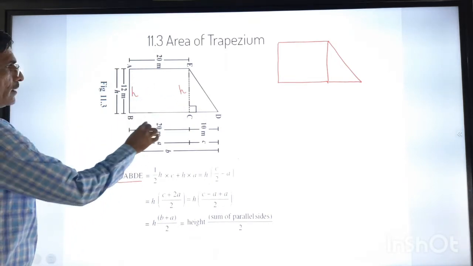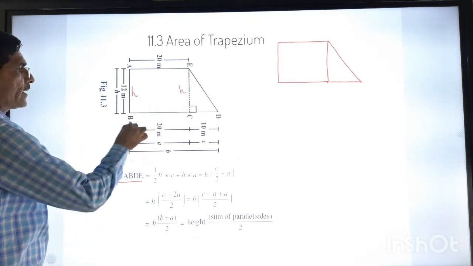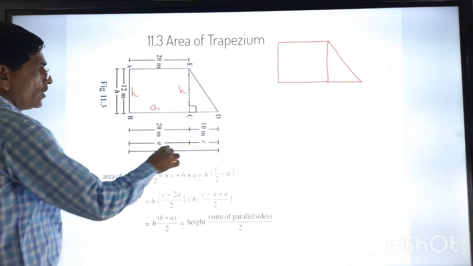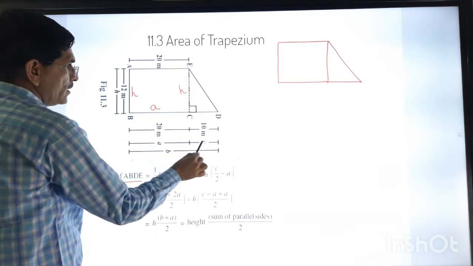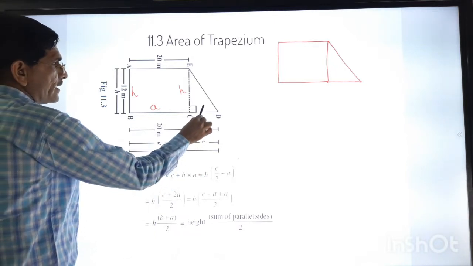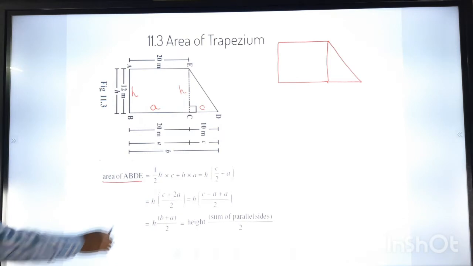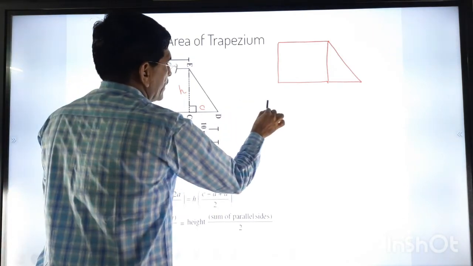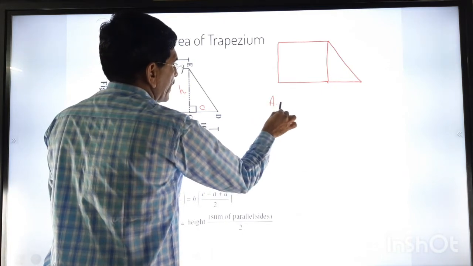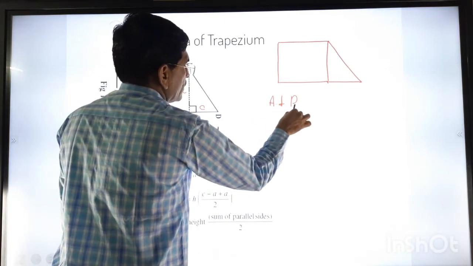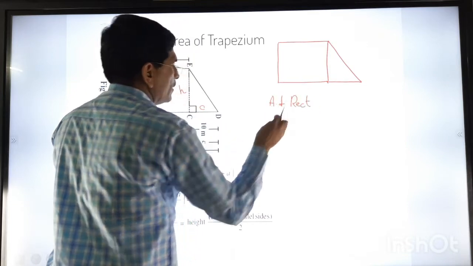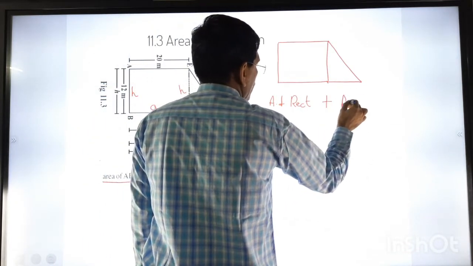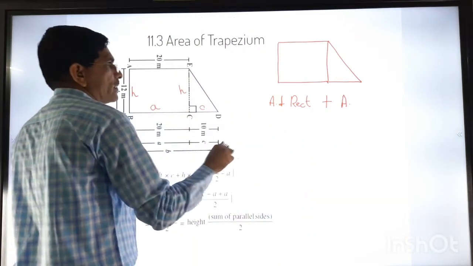Now here the length of the rectangle we can take as a, and the length of the whole B to D, here we can take as c. So if I ask the area of the rectangle, then I have to write area of rectangle plus area of triangle.